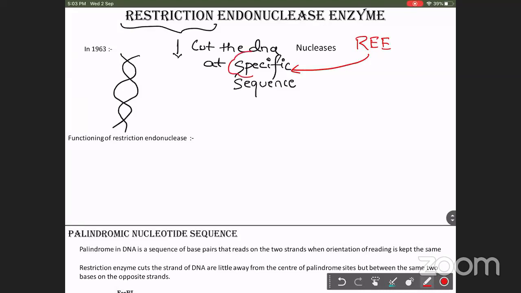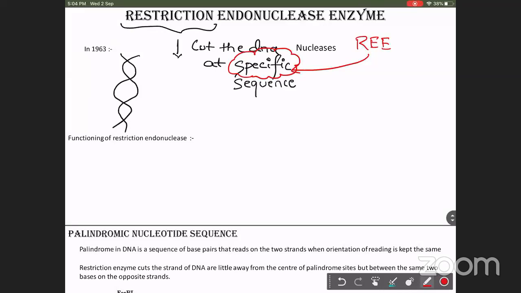When we talk about specificity, whenever we have something specific, we are restricted to a particular property. When we have something non-specific, it can work on everything. But when specificity comes, it will be restricted.